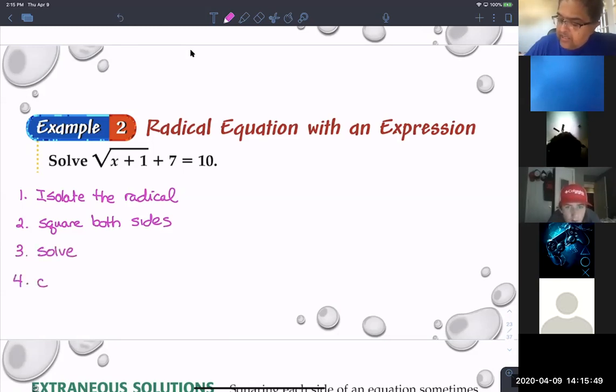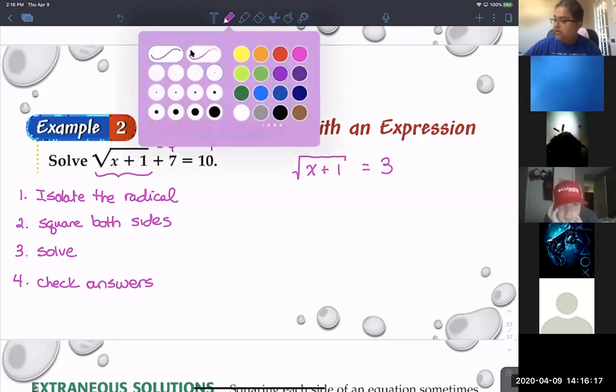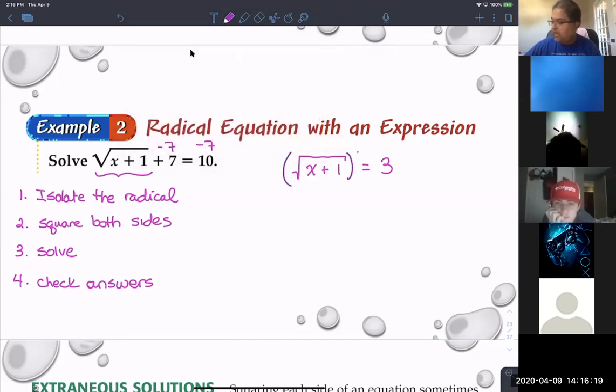Then we're going to solve. Then we're going to check our answers. Okay. So in this problem right here, we're going to first try to get this guy by itself. So we're going to subtract 7 from both sides. Now that the radical is by itself, we're going to square both sides.